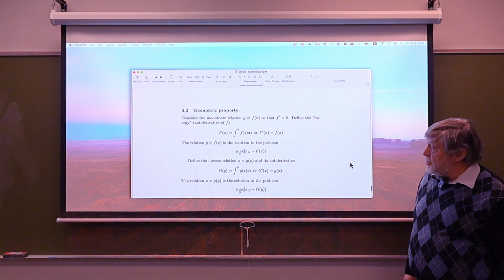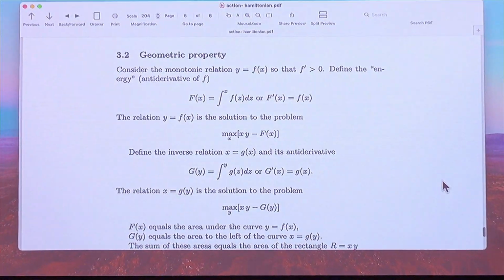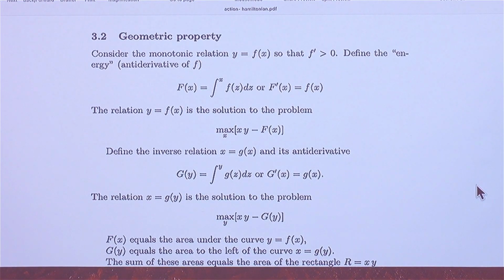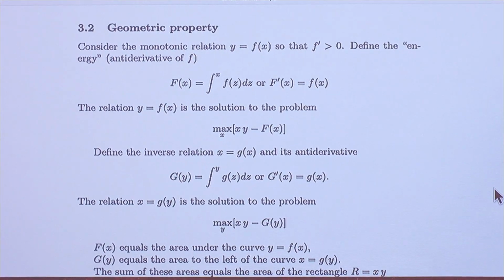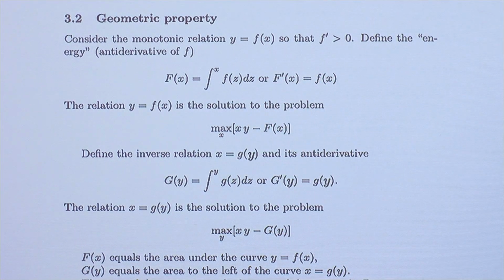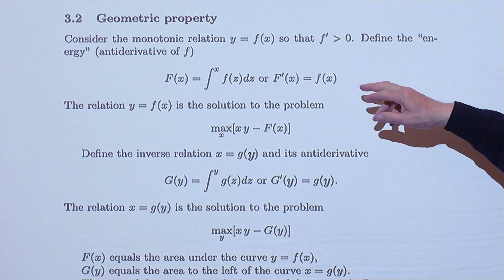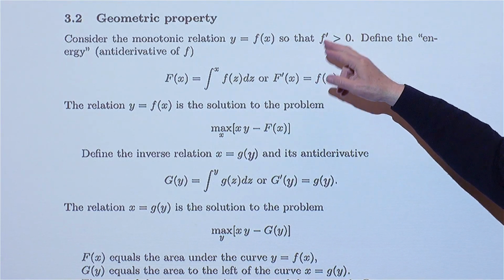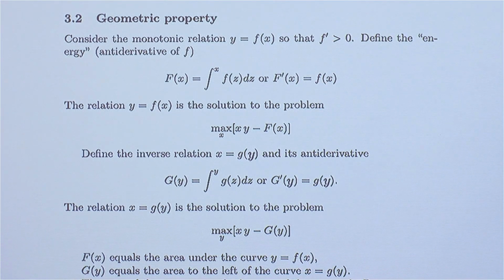So finally, what is the geometric meaning of this relation? So let's consider a monotonic relation. Y is equal to f of x, and assume that the relation is monotonic, so the derivative is bigger than 0.